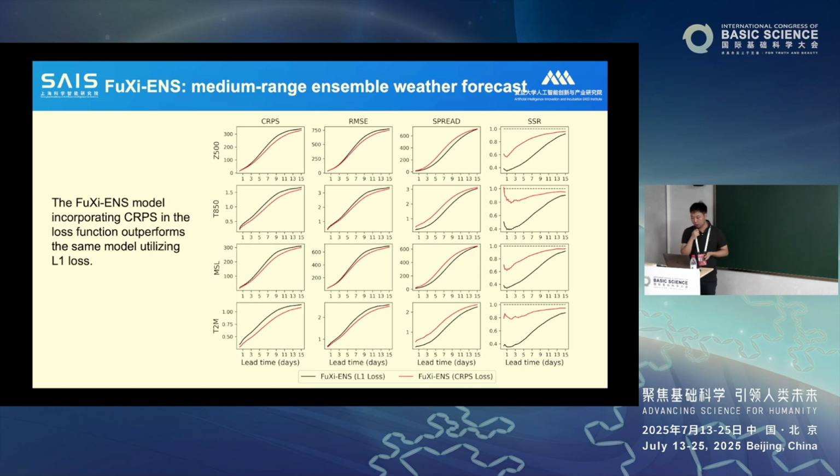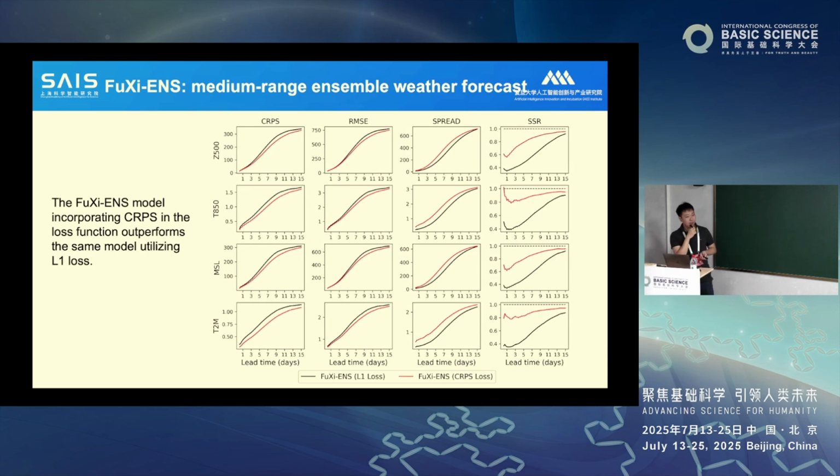Here the plot shows FuXi ENS trained with L1 loss in the black line compared to FuXi ENS trained with CRPS loss in the red line. We can see the red line gives us a lower CRPS, which is a very important metric for ensemble forecasting. It also gives us a lower RMSE for the ensemble mean, and you can generate better ensemble spread compared to if we use L1 loss.